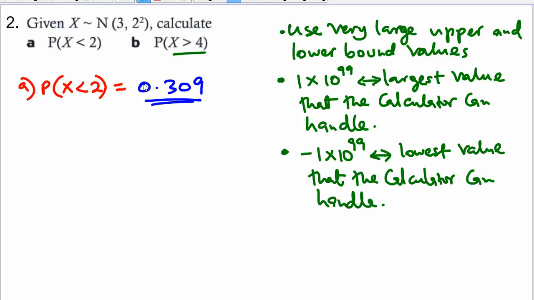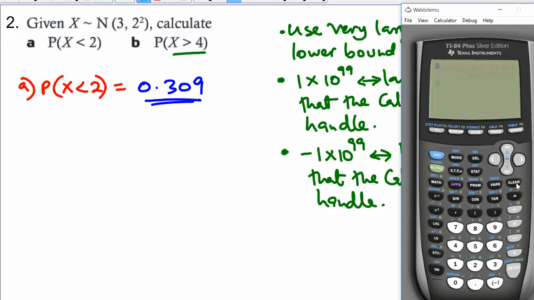Alternatively, what I usually do is this. Normal CDF. Instead of plugging in -1 times 10 to the power of 99, you can just go negative, shift, E, and then 99. It's easier. It's the same thing, and you still get the same answer.